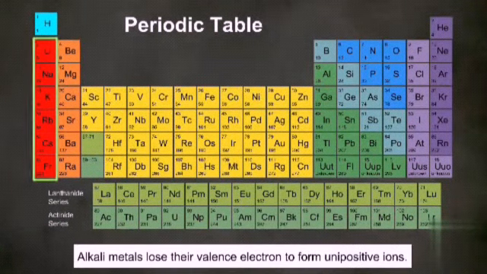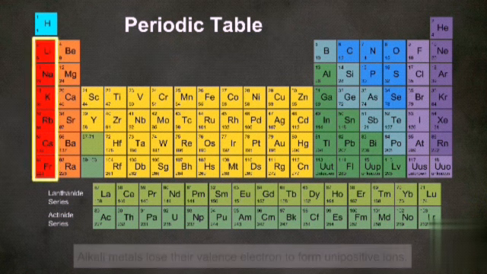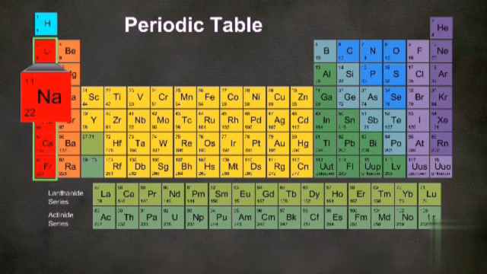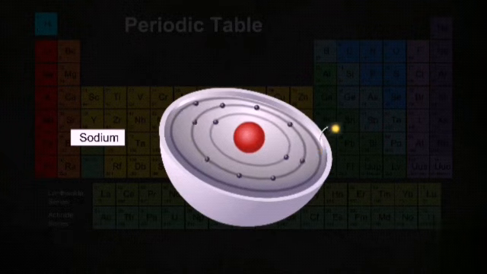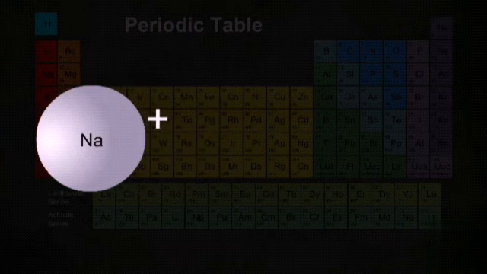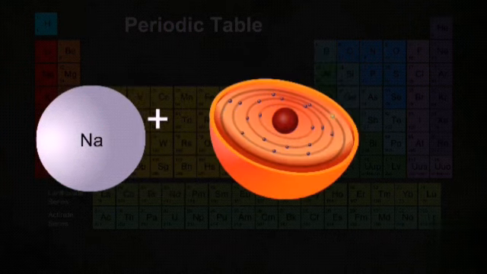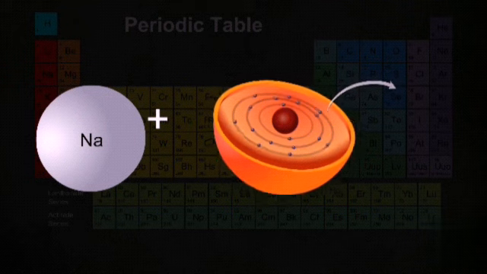For example, the sodium atom loses its valence electron to form sodium ion, and the potassium atom loses its valence electron to form potassium ion, K+ ion.